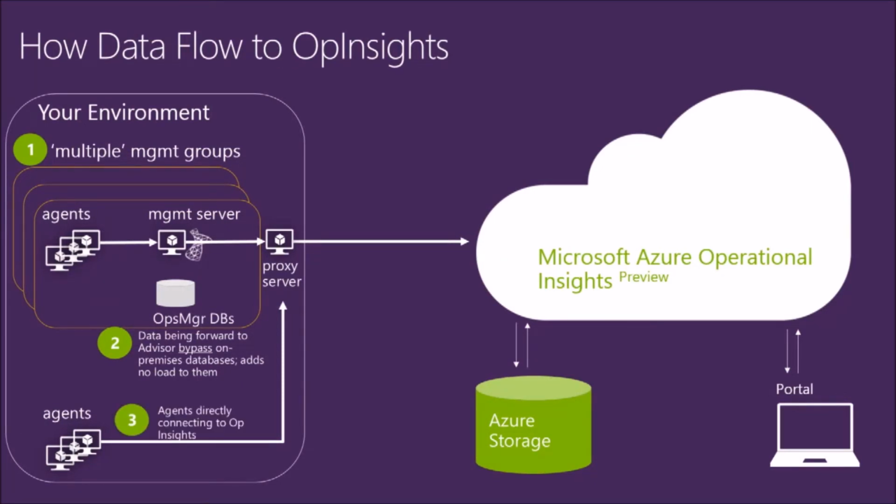Now, we're also introducing a scheme that allows you to just download an agent directly from our portal, and you can just install that into any individual boxes to try out. And these agents can securely connect through a proxy server to talk to Ops Insights directly. When you tell us to use a proxy server to connect from a Windows server, we don't actually enable the proxy for that entire server.